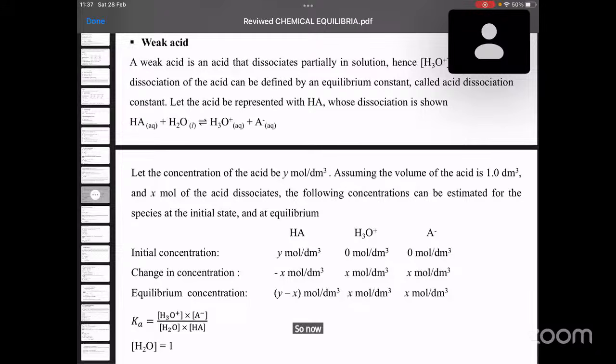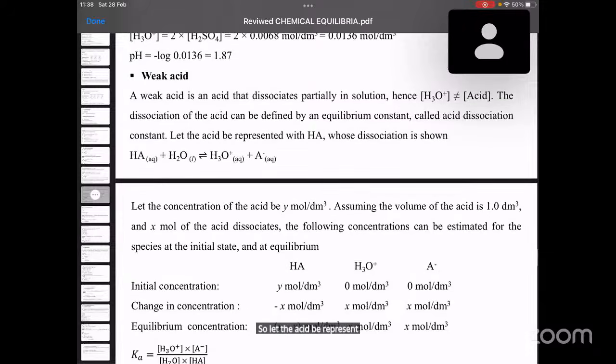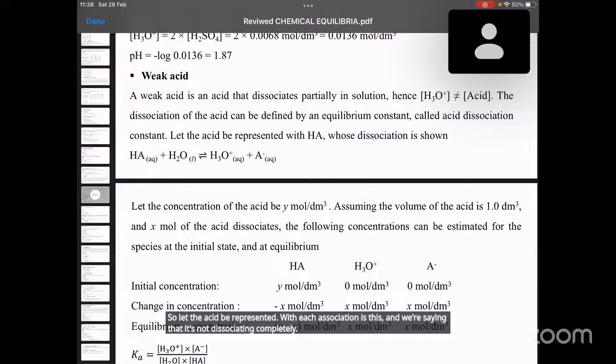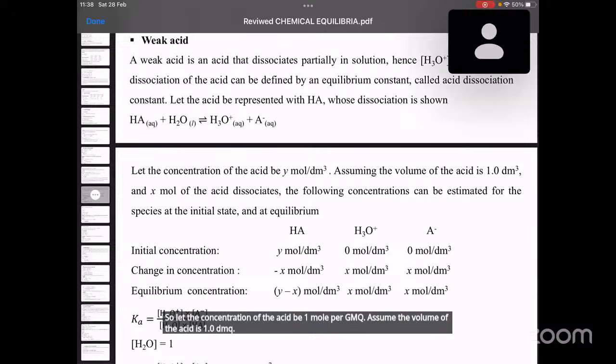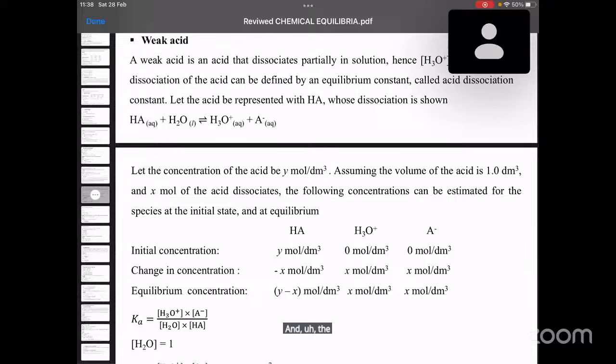So now let us consider the acid represented with HA, whose dissociation is this, and we're saying that it's not dissociating completely. So let the concentration of the acid be Y mole per dm cube. Assume the volume of the acid is 1.0 dm cube, and X mole of the acid dissociate.